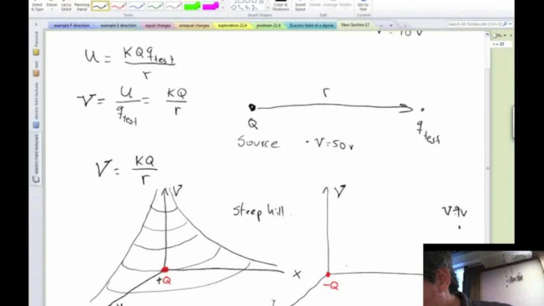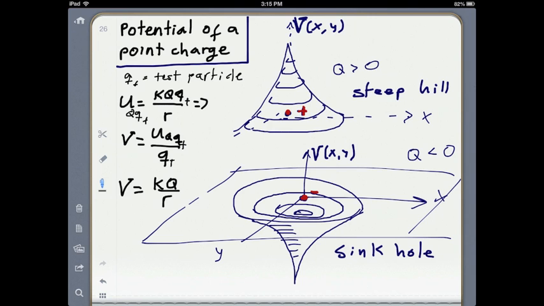So this thing goes down very steeply. It's like a sinkhole. So that's the basic picture that we have for the electric potential of one charge.